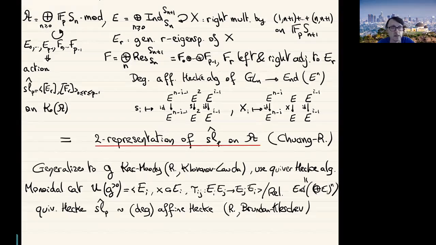And something you can check, so up to some sort of completion or localization, quiver Hecke algebras for SL_p hat agree with degenerate affine Hecke algebras, and this has the consequence that the symmetric group, the group algebra of the symmetric group itself, can be realized as a certain quotient, a cyclotomic quiver Hecke algebra.